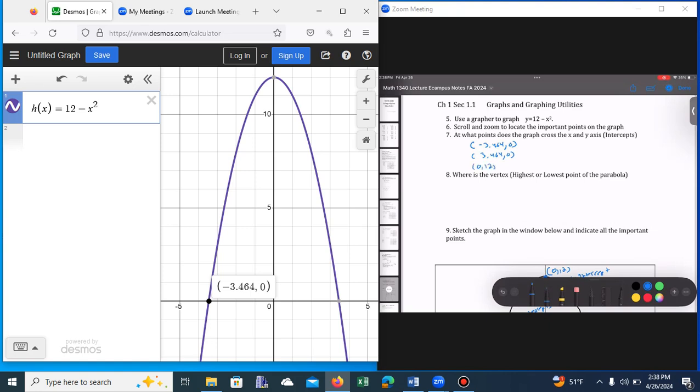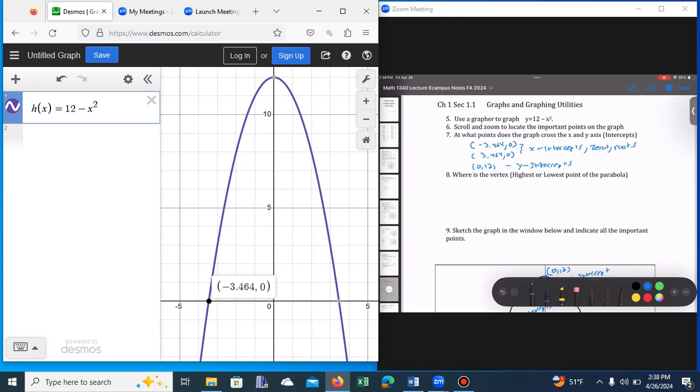Y-intercept, x-intercepts, which the x-intercepts are also called the zeros or the roots. We'll be using those terms a few times.